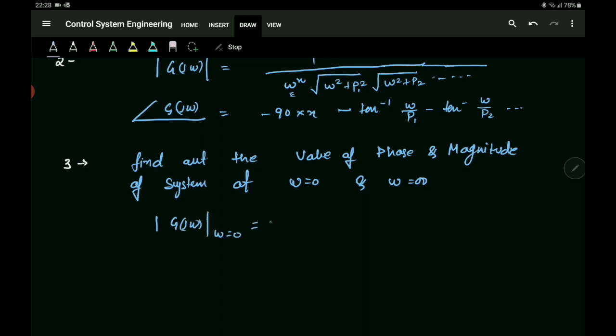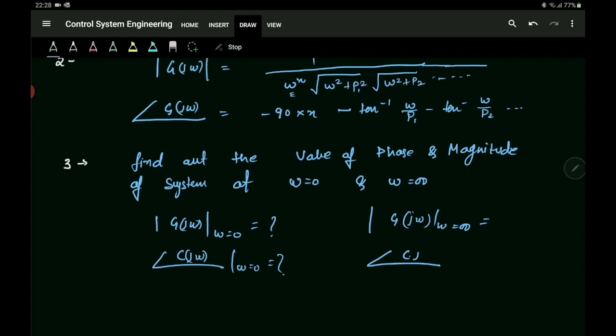What is the value? Find G(j omega) at omega equals infinity. Similarly, the angle of G(j omega) at omega equals 0, and the angle of G(j omega) at omega equals infinity. So what are these values?